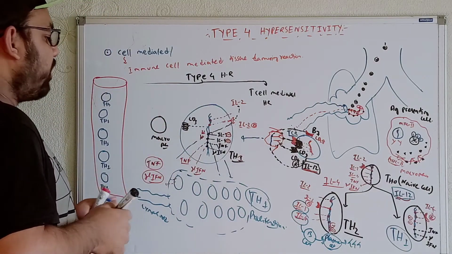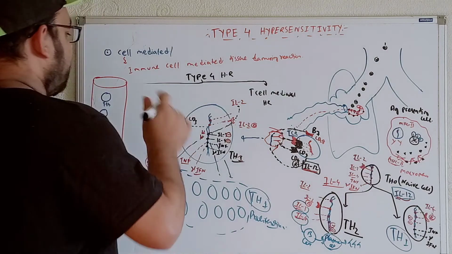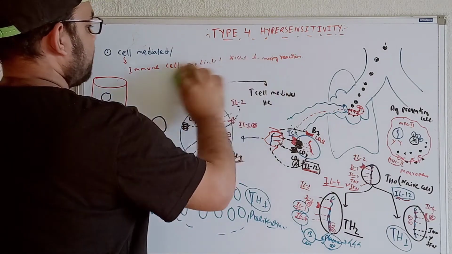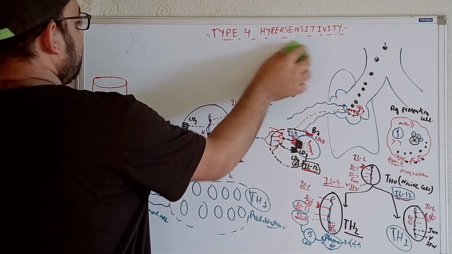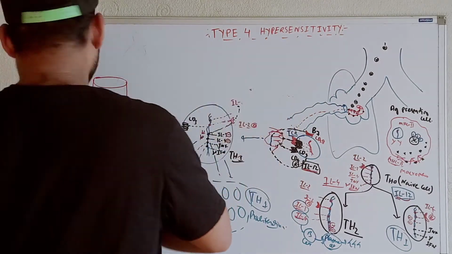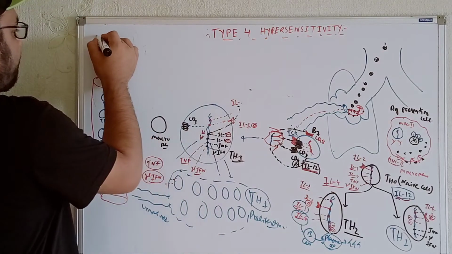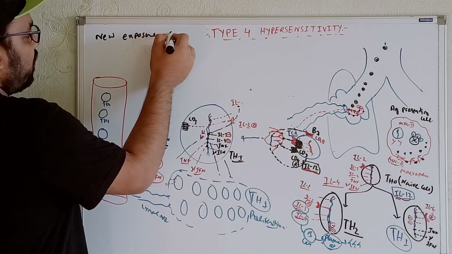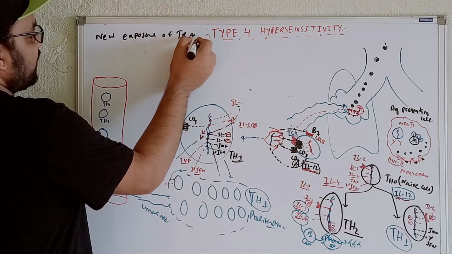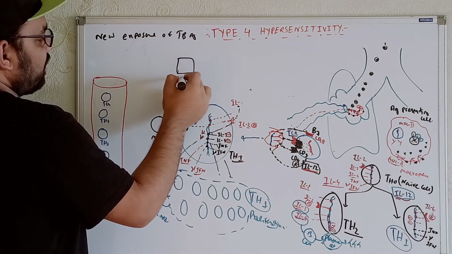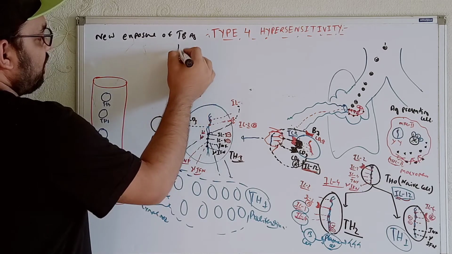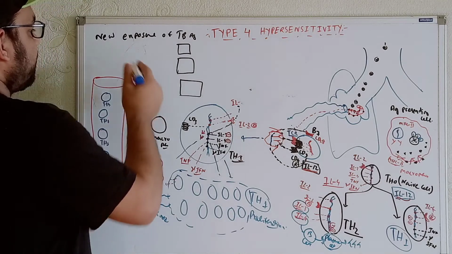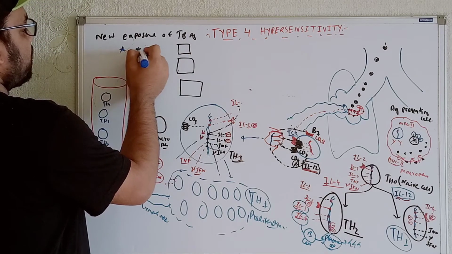Okay, let's erase this part from here, guys. Now if we get the new exposure of tubercular antigen, whatever thing we'll get in this case. For example, these are the cells. Whenever we get the new exposures of the tubercular antigens, for example, these are the new tubercular antigens.